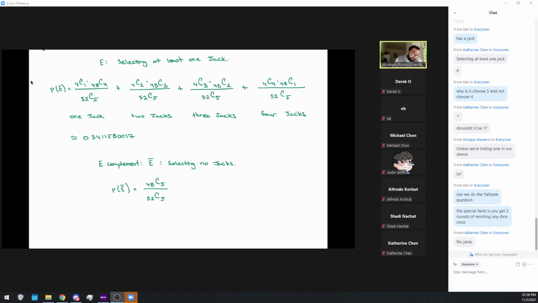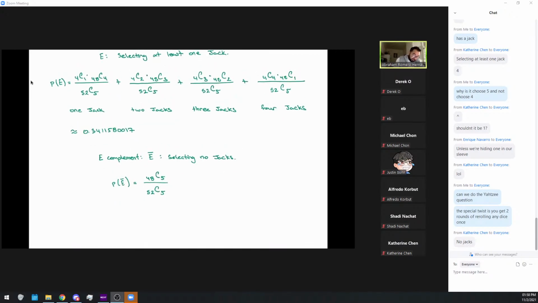Okay. So if I want the original, which is the probability of selecting at least one jack, then all I have to do is keep in mind that the probability of this event, selecting at least one jack, plus the probability of its complement should equal 1. It should equal 1 because these are complete, opposite events.